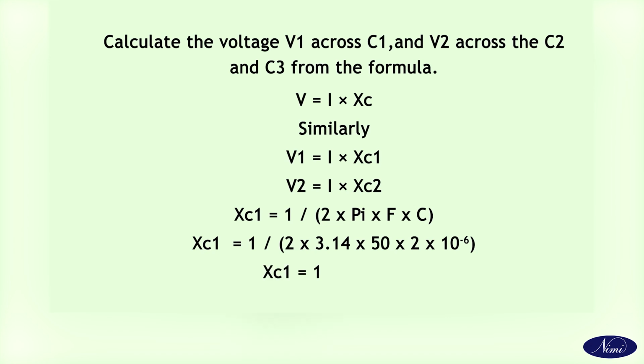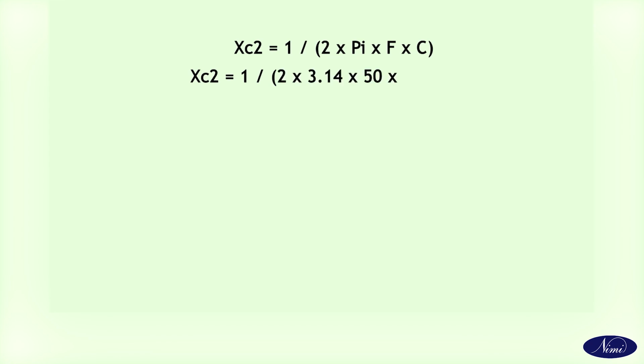Xc1 is equal to 1592 ohms. Xc2 is equal to 1 by 2 into pi into F into C. Xc2 is equal to 1 by 2 into 3.14 into 50 into 10 into 10 raised to the power of minus 6. Xc2 is equal to 318 ohms.